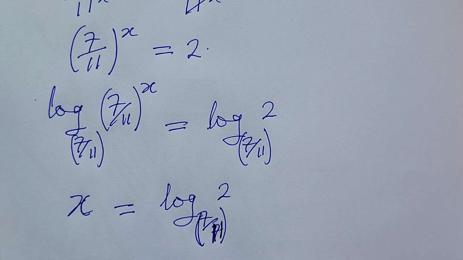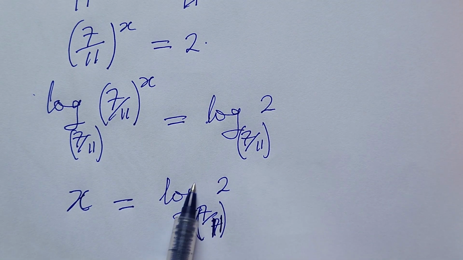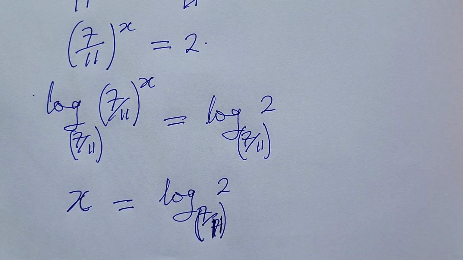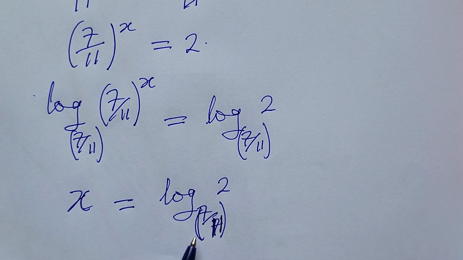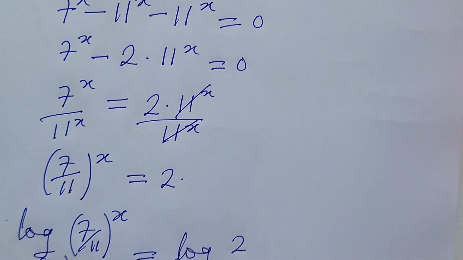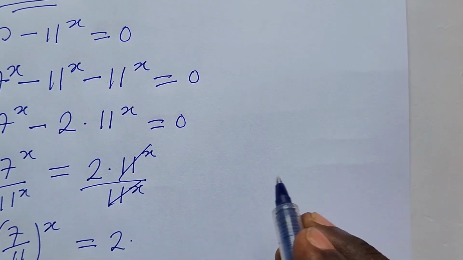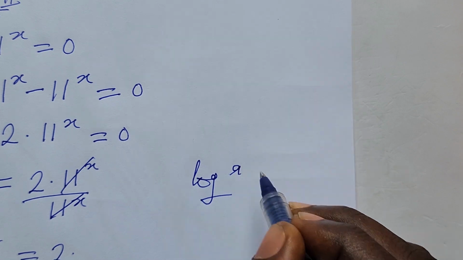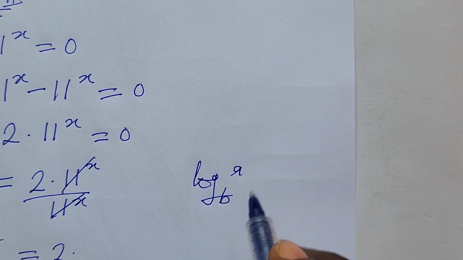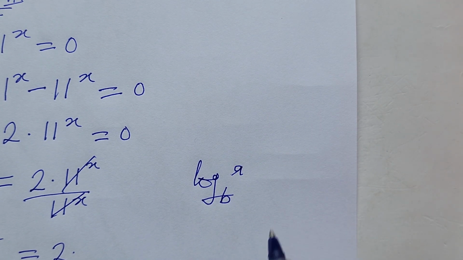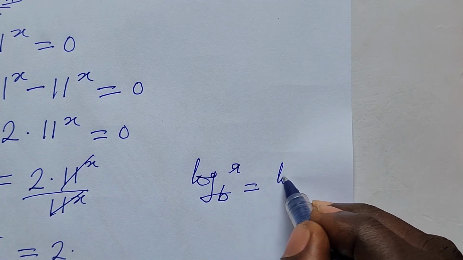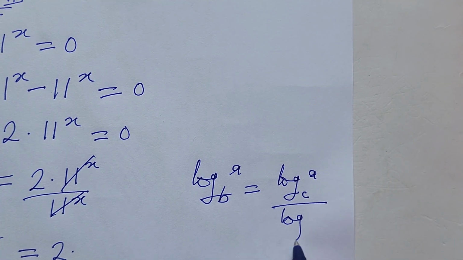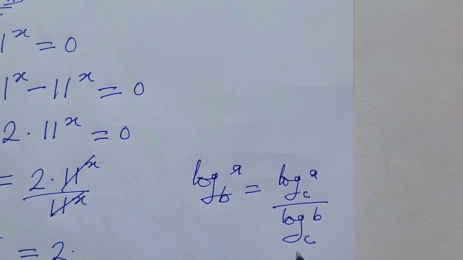All over 11. We can simplify this applying the change of base to this, right? Good. So remember, the law of change of base says that if you have log a base b, and you want to change this base to c, this will give us log a base c all over log b base c.